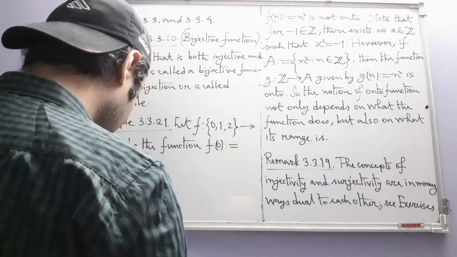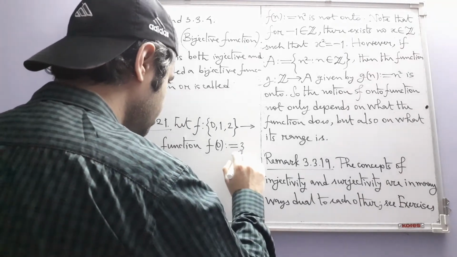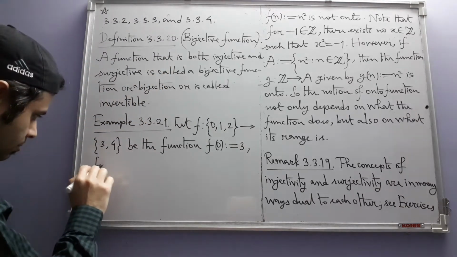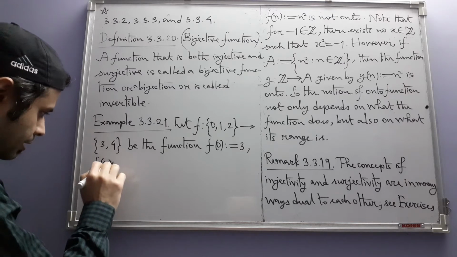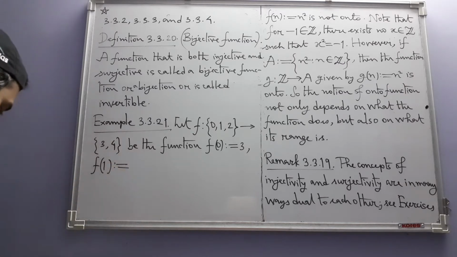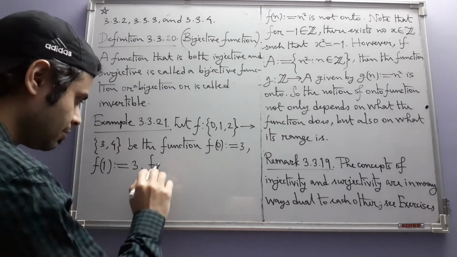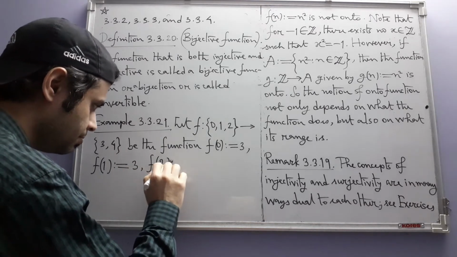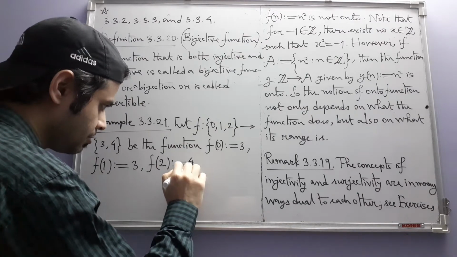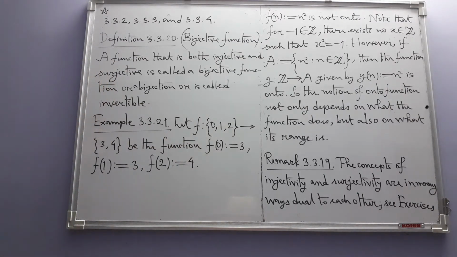The value of f at 0 is 3. The value of f at 1 is defined to be again 3. And the value of f at 2 is defined to be equal to 4.